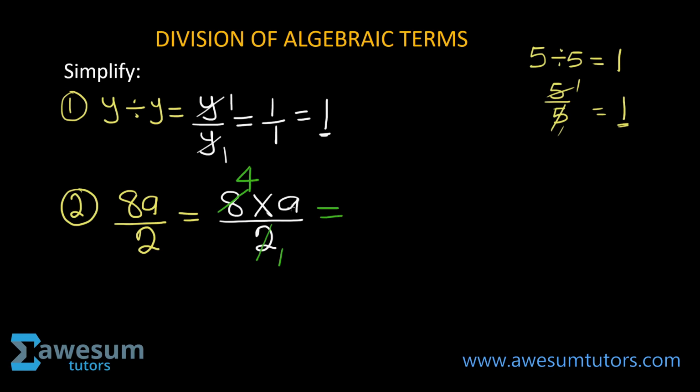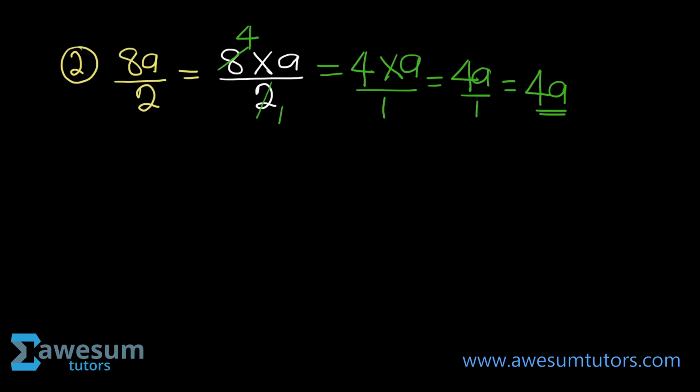I have 4 times a over 1, and that's 4a over 1, which is the same thing as 4a. So that means your final answer is 4a. So 8a divided by 2 gives us 4a as our final answer.